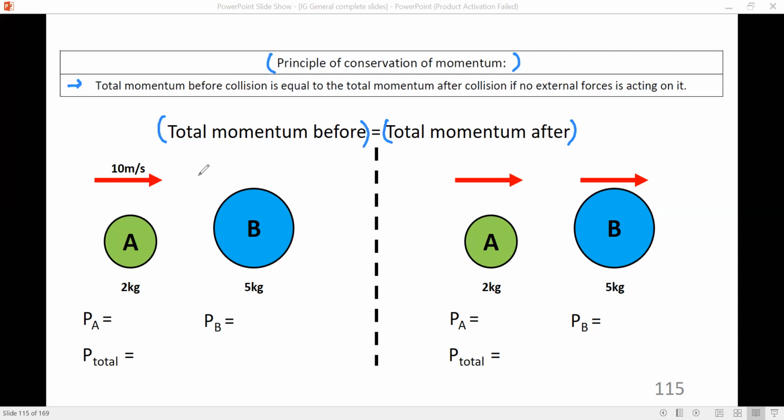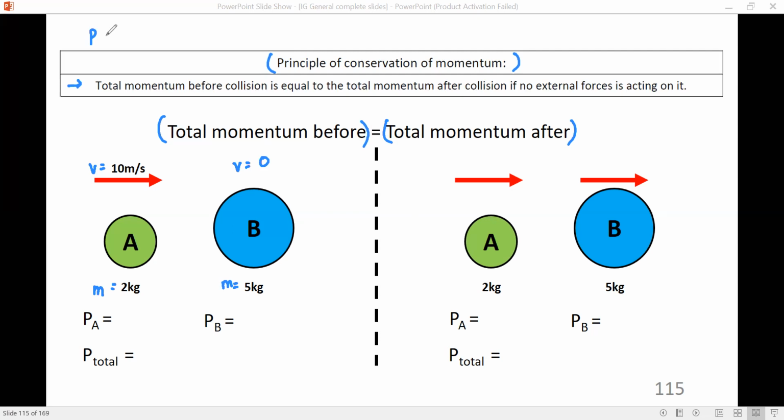Let's say we have two objects, A and B. Ball A has a mass of 2 kg, which is M, and it is moving at 10 meter per second. That is the information we have for ball A. For B, it is at rest, so the V is 0, but the mass is bigger, which is 5 kg. Now calculate the momentum.